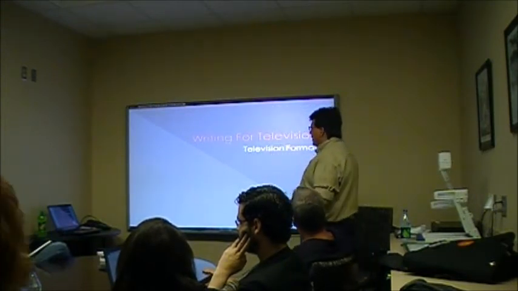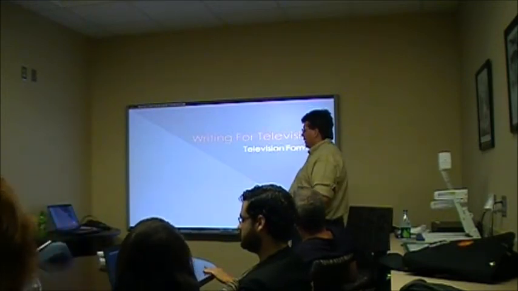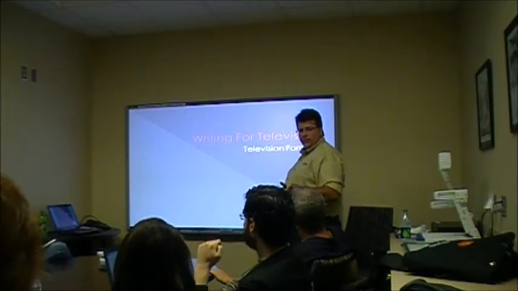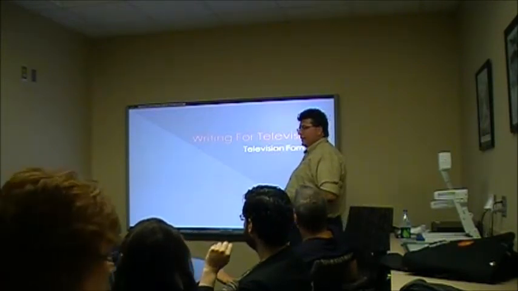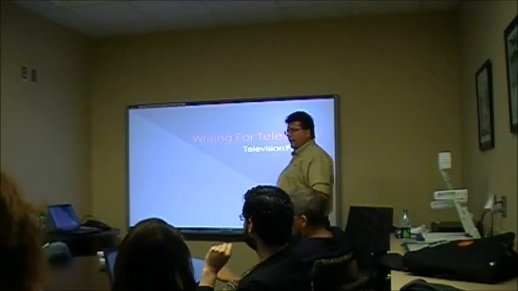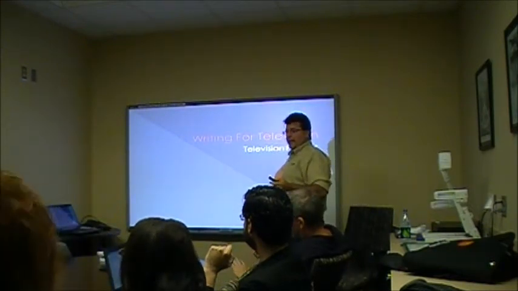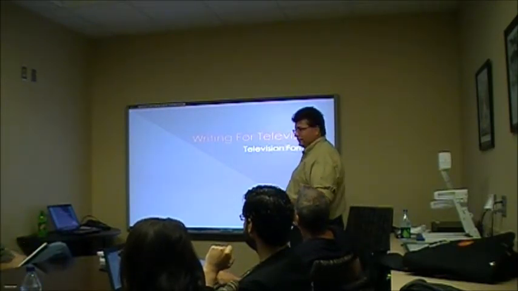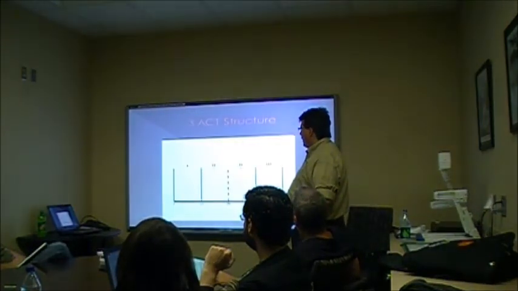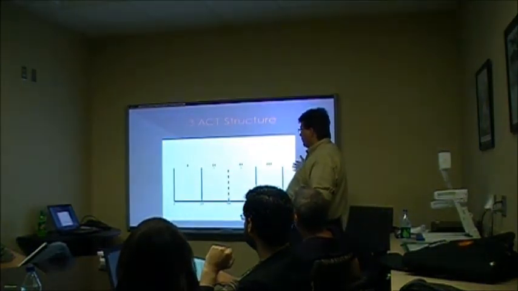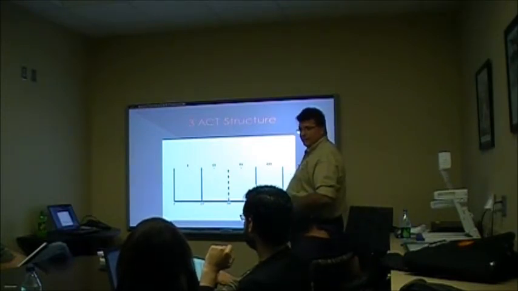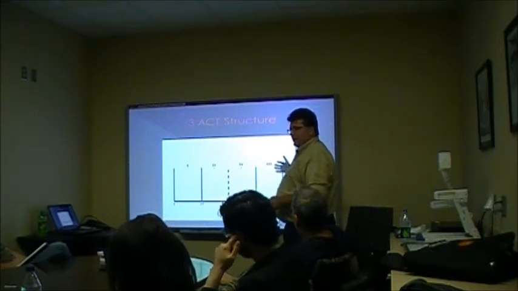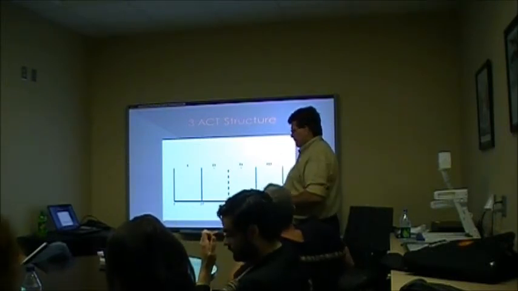All right. So this next section we're going to cover formatting, which is very important in the differences between writing a screenplay, writing a sitcom, and writing a teleplay or a drama. Everybody should know what a 3-act structure looks like, and this is what your act structure for a feature film would look like.